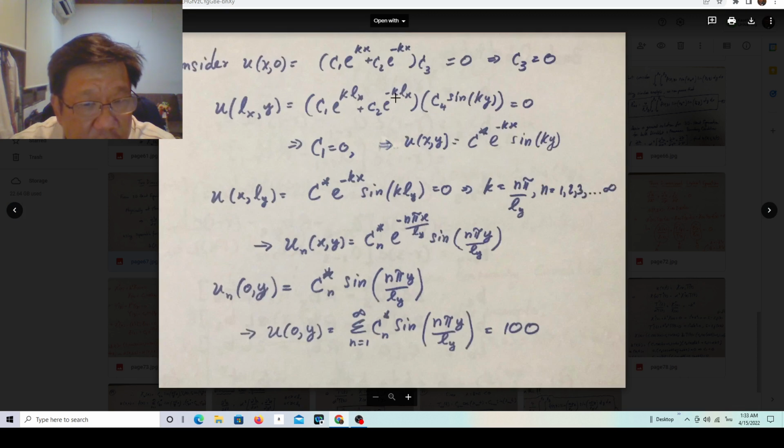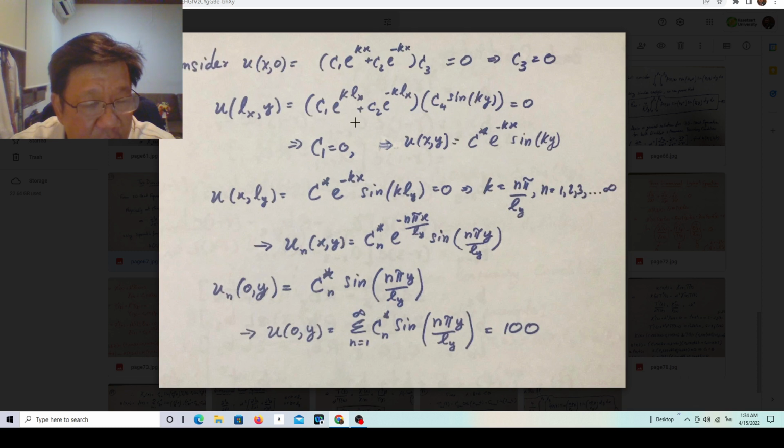You can see now that when alphabet reaches infinity, this term vanishes because it becomes e to the minus k times infinity, which is 1 over e to the k times infinity.